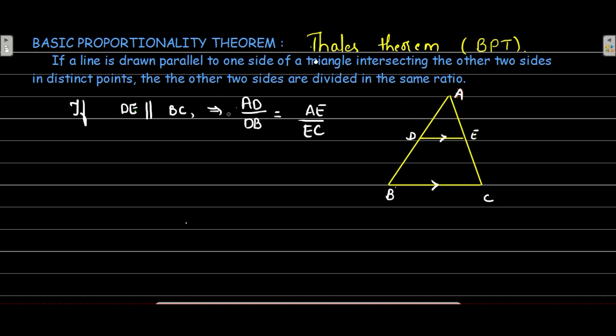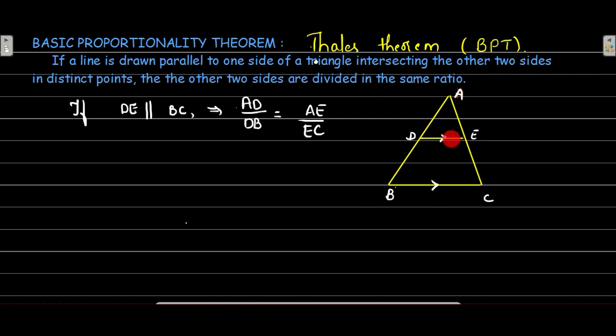Just look at this statement and also this definition given. If a line is drawn parallel to one side of the triangle, which side of the triangle? BC. Which line is drawn? DE. Then this line is intersecting the other two sides, AB and AC, in two distinct points, D and E. The other two sides are divided in the same ratio.